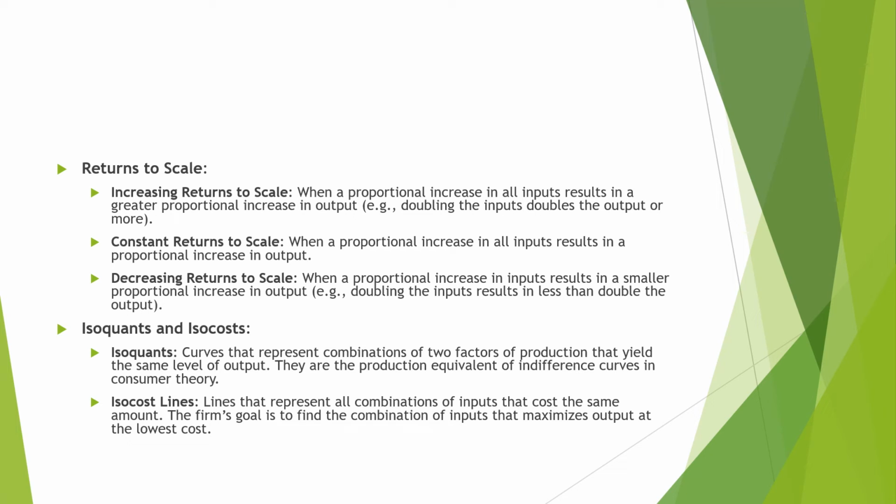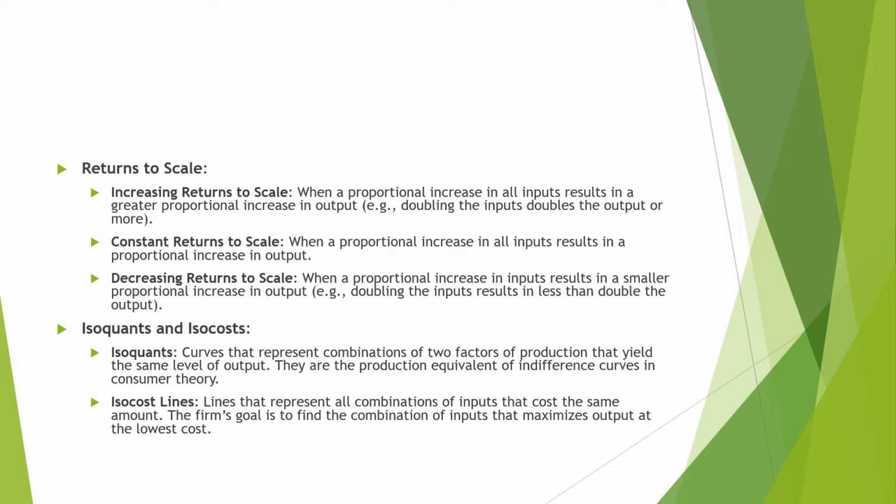We have isoquants and isocost. Isoquant curve is a curve that represents combinations of two factors of production that yield the same level of output.